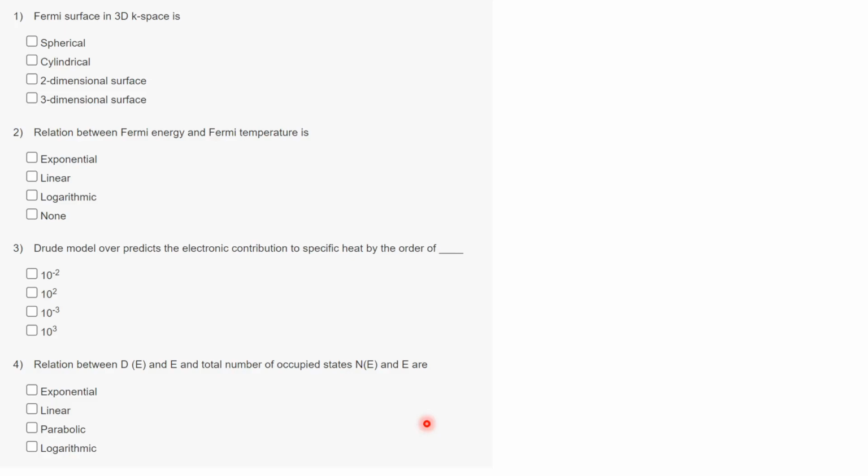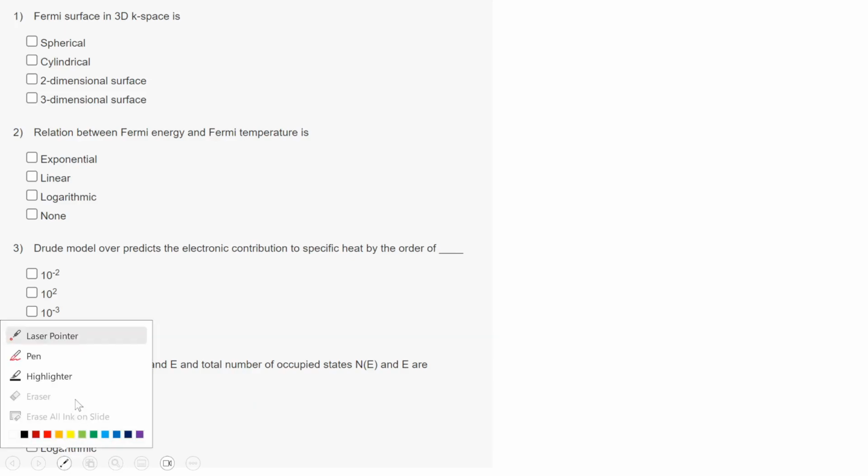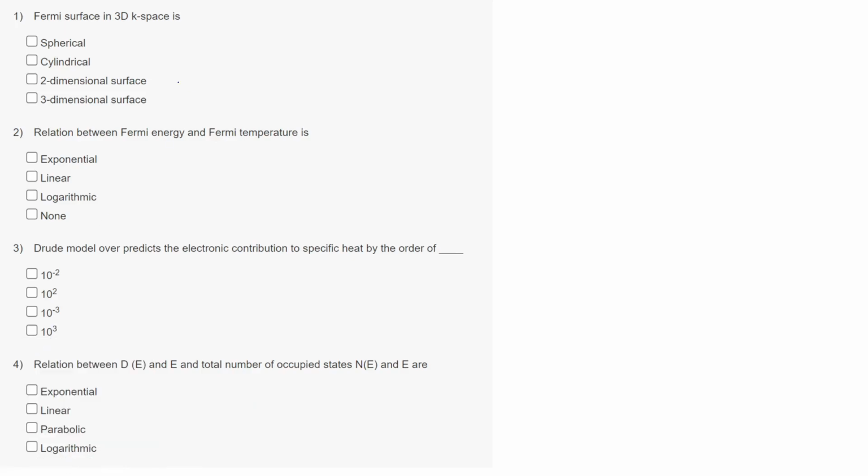So the Fermi surface in 3D. We had just seen what it is. So what is the Fermi surface? We had this relation, right? 2mE over h bar square is equal to kx square plus ky square plus kz square. So this is a three-dimensional spherical surface, right?